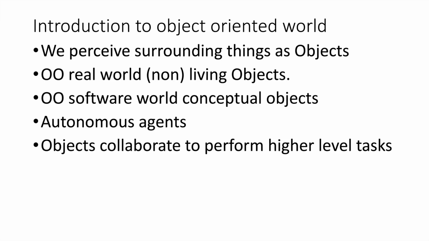Similarly, let's come back to our example and see how objects behave in the real world and how that is relevant for us in the software object-oriented world. In our example, this radar is continuously doing a surveillance task. It keeps rotating 360 degrees and keeps detecting whether it is getting any spot of a target on its screen.